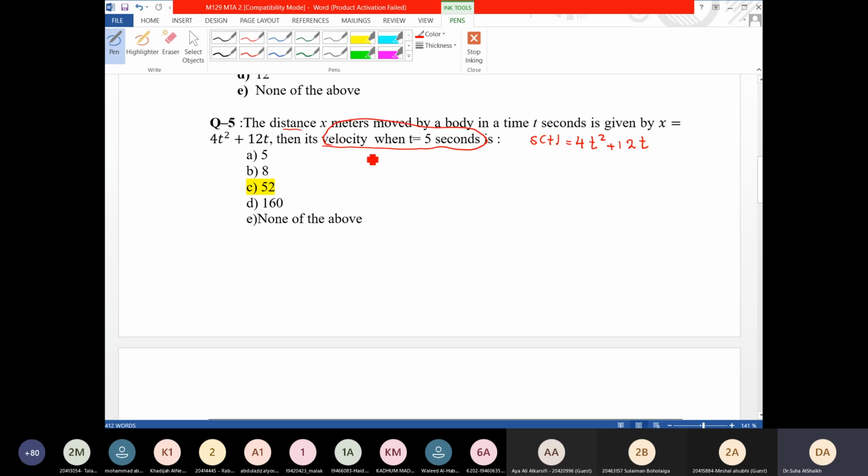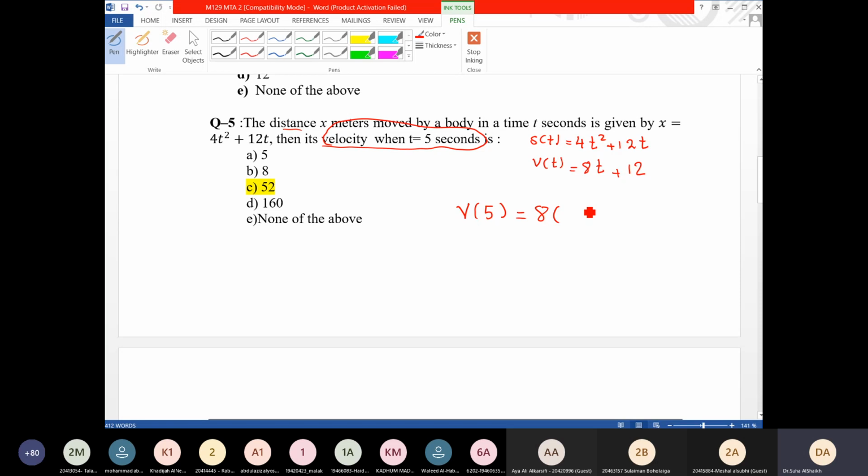This is easy, right? Direct. I want the velocity when t is equal to 5. So I find the velocity from here. The velocity is 8t plus 12, which is the derivative of s. Then the velocity at 5 means we change the t with 5.